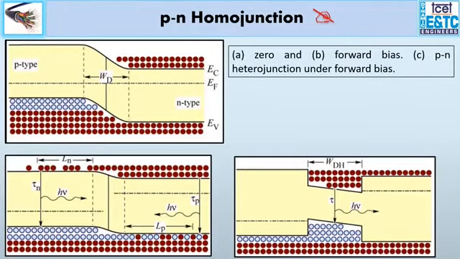Once you apply the forward bias, you see the barrier is reduced. The carriers cross the junction, they become minority carriers, and after their minority carrier lifetime, they fall down and release a photon. This happens on both sides. But as I told you, this is happening throughout the device and hence reducing the intensity.